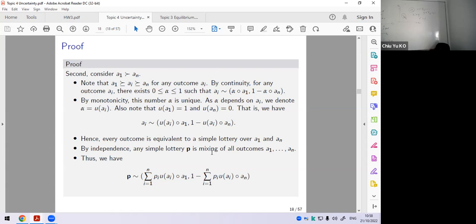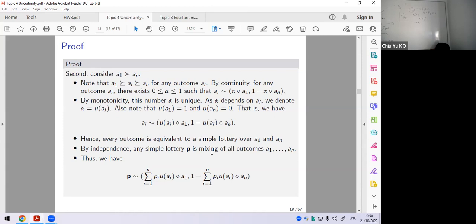How many A1 here? A1 is just P1 times 1. Then P2 times U of A2, and so on, up to Pi times U of AI, and AN the same. So this is this one.